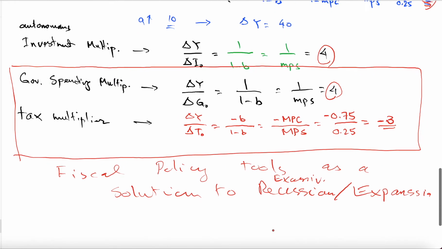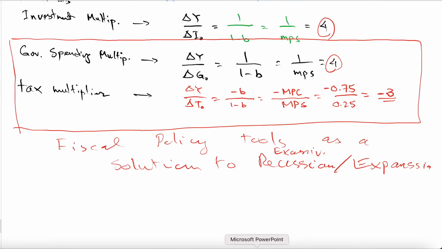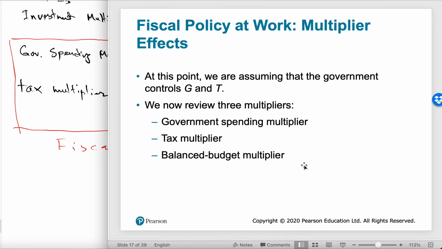That's another way of saying it. This is exactly what I try to show in the slides now. So we have 3 different multipliers: government spending multiplier, tax multiplier, and we can have both of them changing.